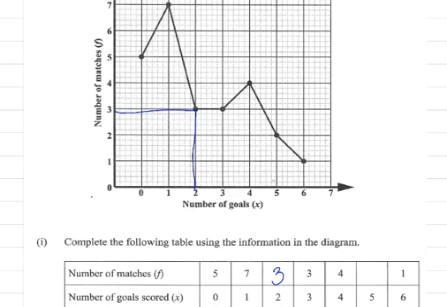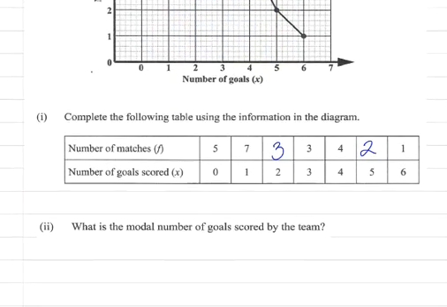When x is 5, the frequency is 2, so the value here is 2. So the first thing we're asked to do is to complete the table, which we have done.